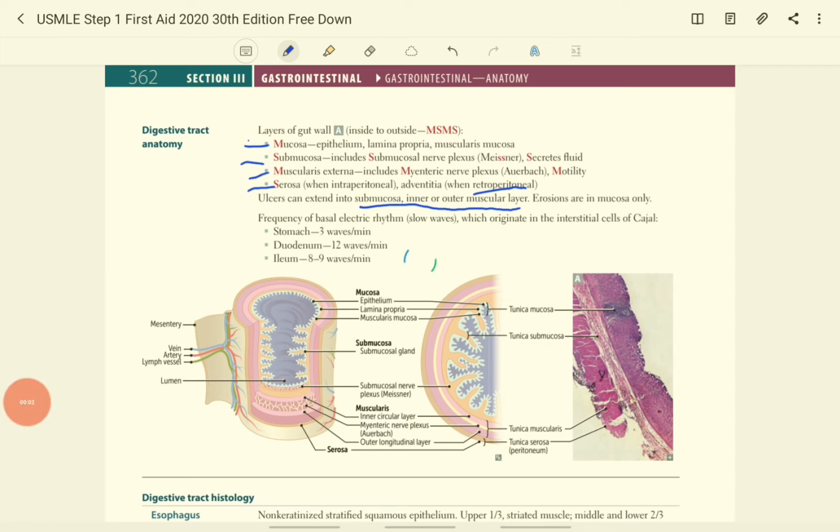In the GI system, the electrical rhythm is provided by the interstitial cells of Cajal, like we see in the SA node. But there is a small difference. These have a slow wave. This means that if there is an electric potential graph, and we need a certain potential for the muscle to contract in the GI, there will be a slow wave like this.